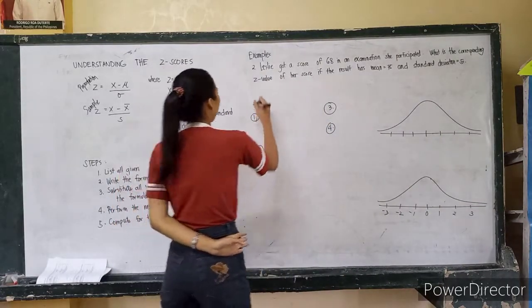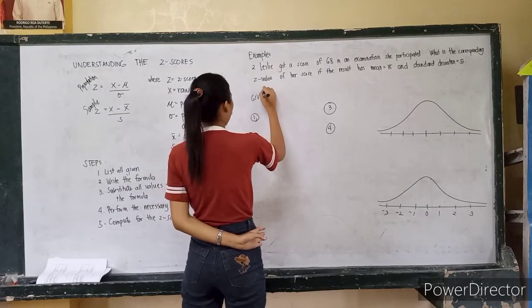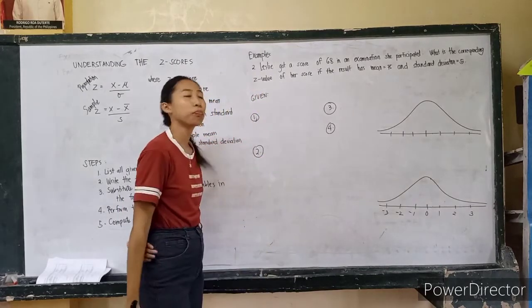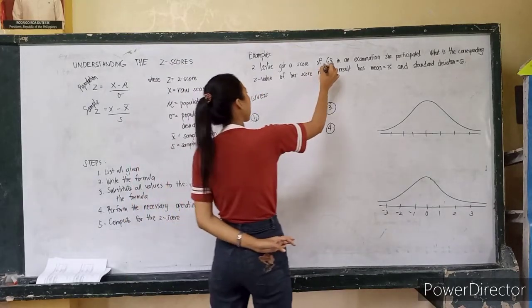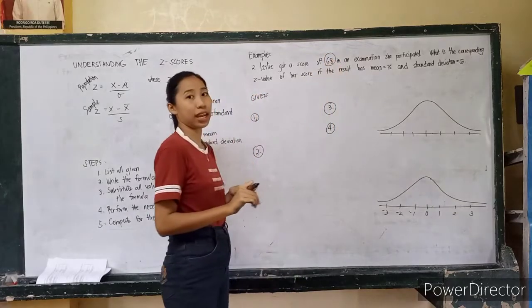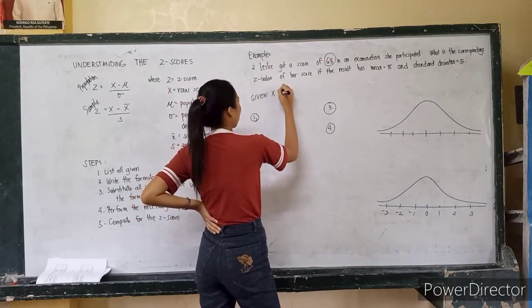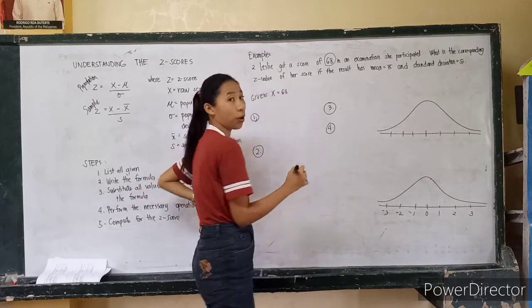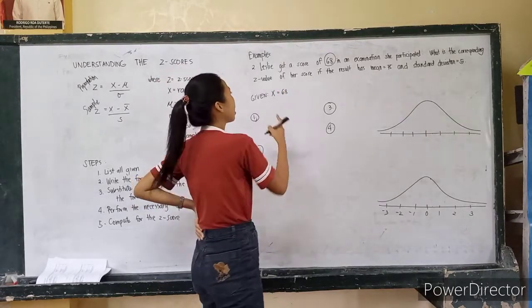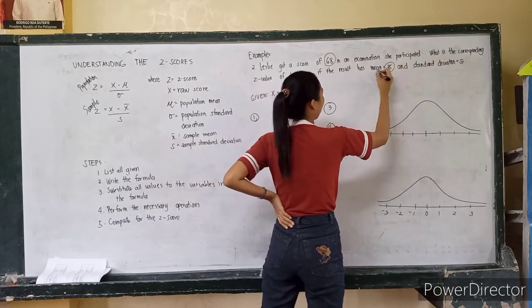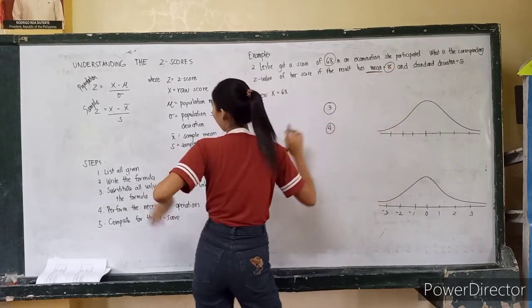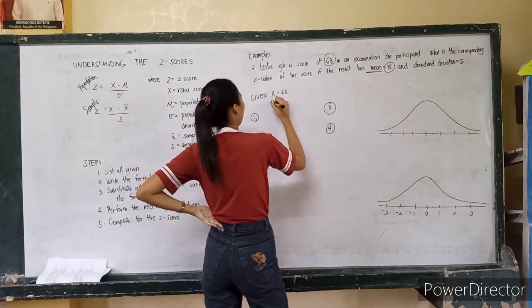Okay, now let's first have your given. So dito sa first number, 68 is going to be your raw score because mo na siya yung gusto nga i-transform, right? Next is your mean. So, mean is mu.